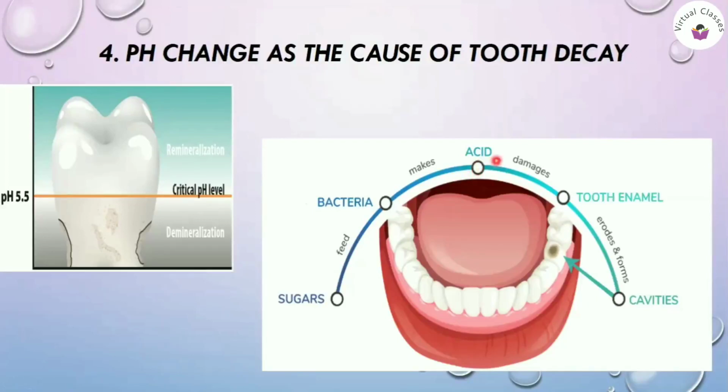And the acid eventually damages the tooth enamel by lowering the pH of the mouth below 5.5. Hence, it erodes and forms cavities in our mouth. This decay is prevented by using toothpastes which are alkaline in nature. So, these alkaline toothpastes neutralize acid produced in our mouth and hence prevent the erosion of our enamel.